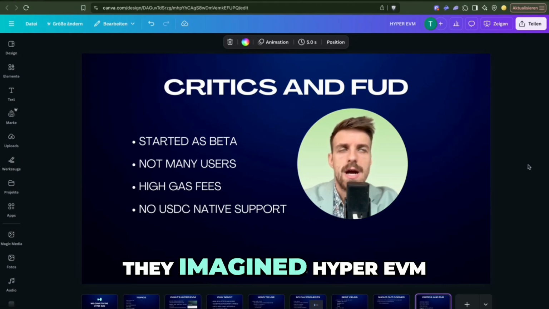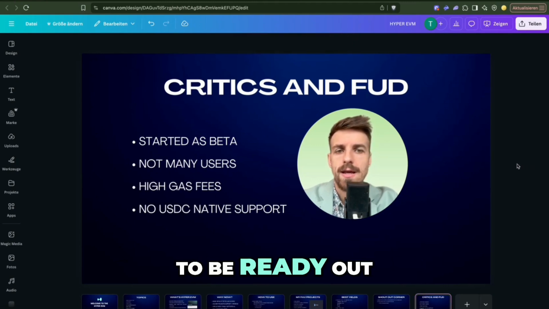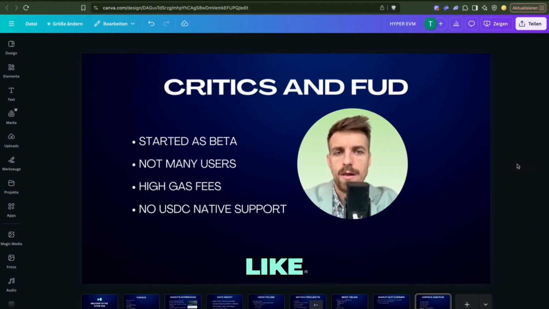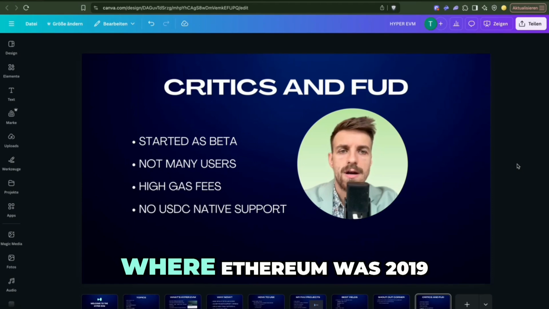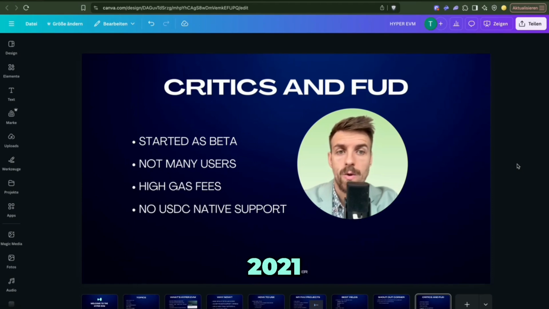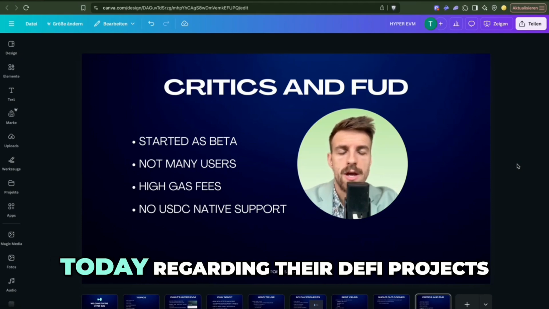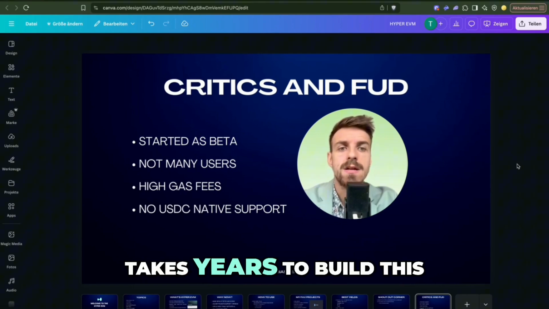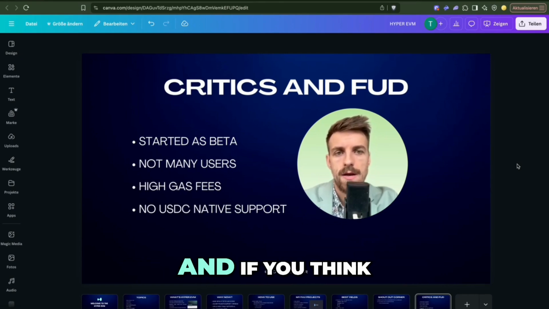So they imagined HyperEVM to be ready out of the gate, which just doesn't work that way. Like if you think about where Ethereum was 2019, 2020, 2021, and where Ethereum is today regarding their DeFi projects, it takes years to build this.